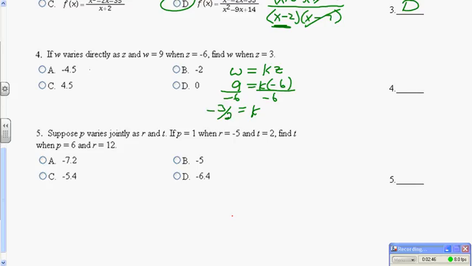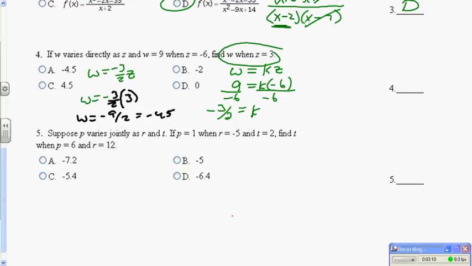So now we say we have W equals -3/2 times Z. They ask us to find W. Sorry, I changed my color. When Z is 3, W is equal to -9/2, which is -4.5. A.